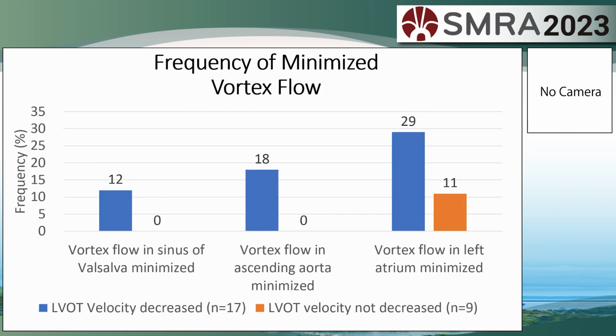This figure shows the frequency of the minimized vortex flow, comparing between the patient whose procedure was successful and not successful. Compared to patient with not successful group, the frequency of the minimized vortex flow was significantly higher.